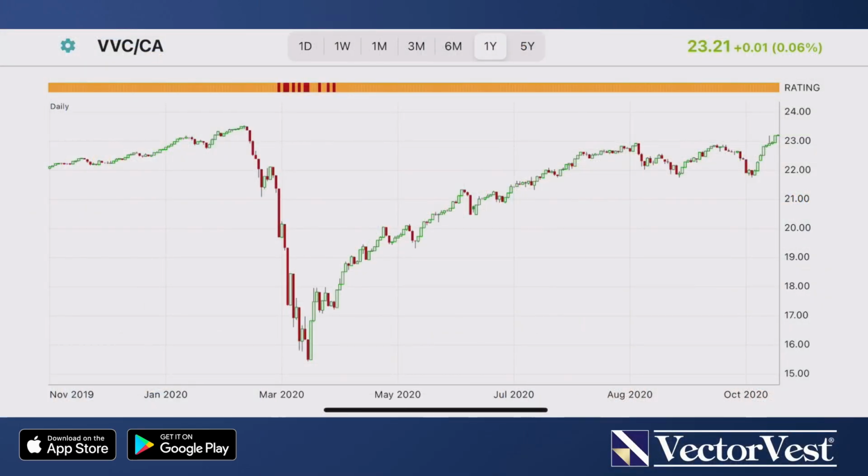There we go. So looking at a 1 year look back, and as we can see, just like most markets across the world, we've seen a really nice, steady, consistent uptrend ever since the lows of March after the initial pandemic wave hit, and we've seen a really nice recovery. However, we are still at a lower high.